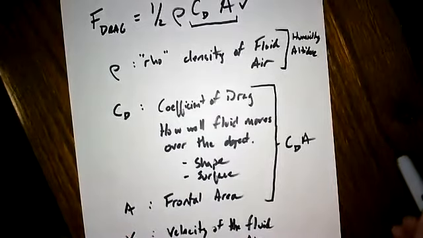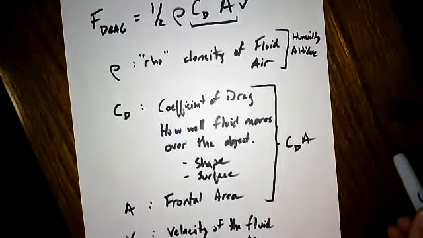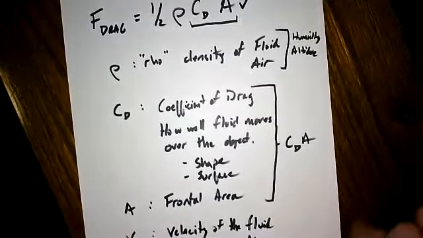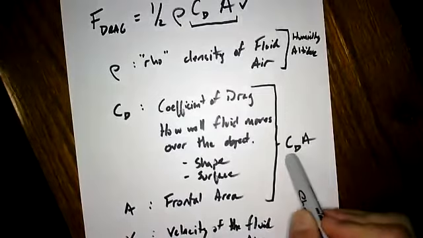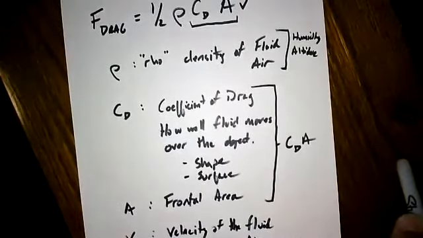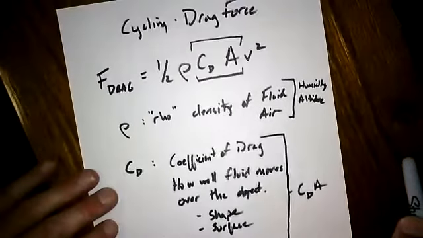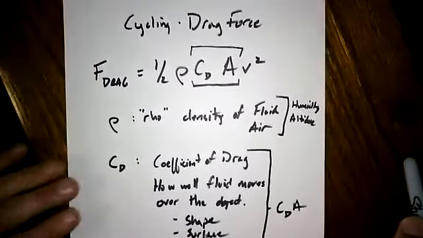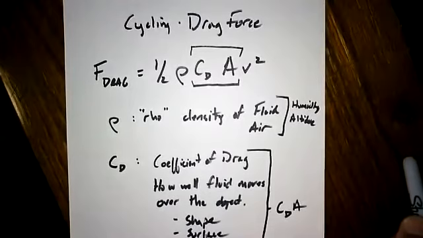This is influenced by body position on the bike. It's influenced by the movement of the legs when pedaling. So all sorts of things will influence one or both of these parameters collectively. Okay, so that's drag force and the factors that will influence drag force during cycling.